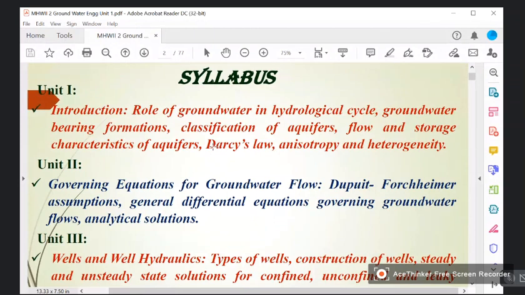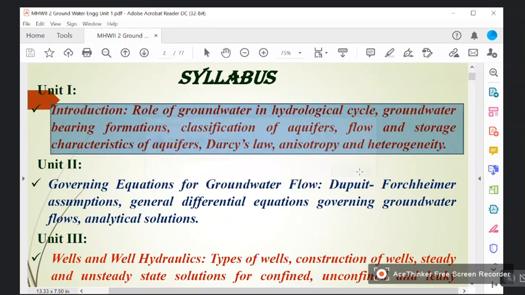In Darcy's law we have seen anisotropy and heterogeneity. Anisotropy means non-homogeneous, or heterogeneous medium. So this is the total content of your first unit.